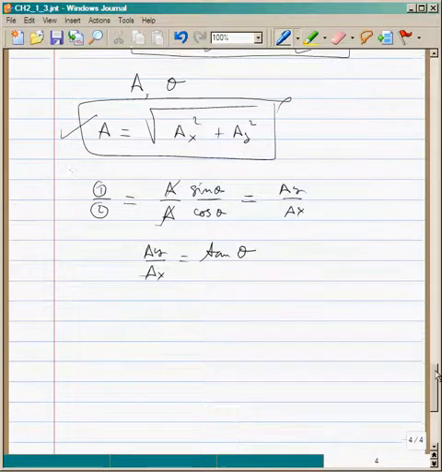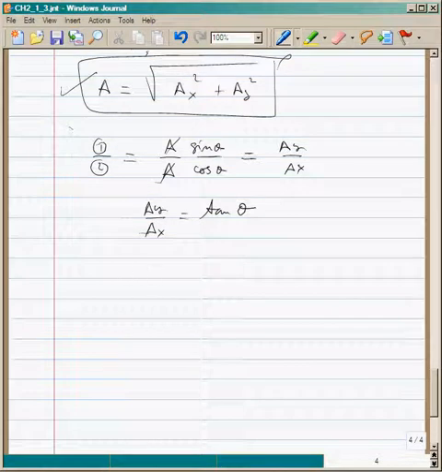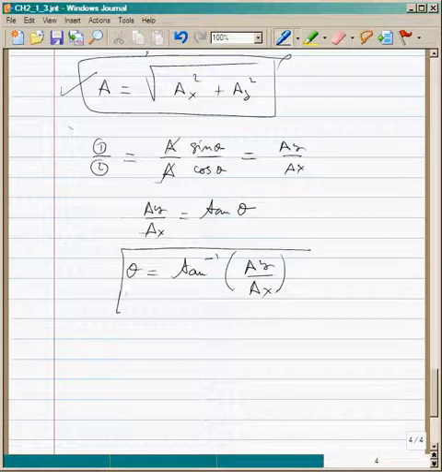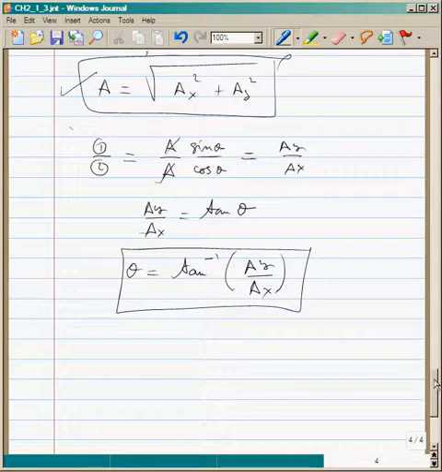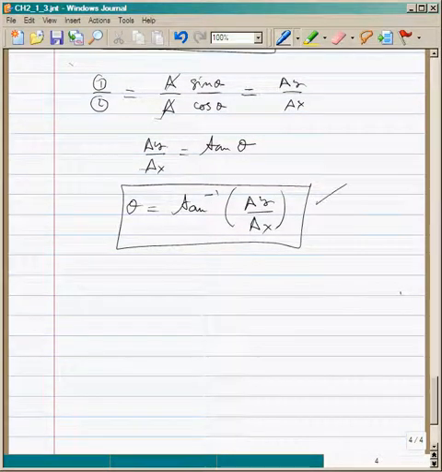Therefore, if you're looking for the angle starting from AX and AY, all you have to do is take the arctangent of the Y component divided by the X component. Okay, so that should be all review.